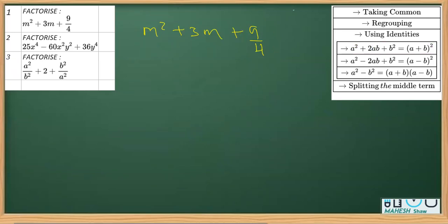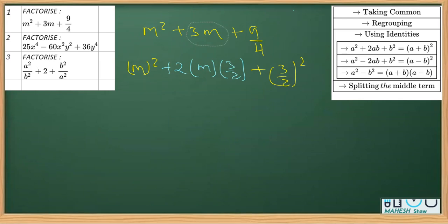We can write m square as m whole square and this 9 by 4 as (3 by 2) whole square. Once we have these two, we can write plus 2ab, 2 times a, which is m, and b, which is 3 by 2. On solving this, you'll get 3m only, because the 2 and 2 get cancelled.